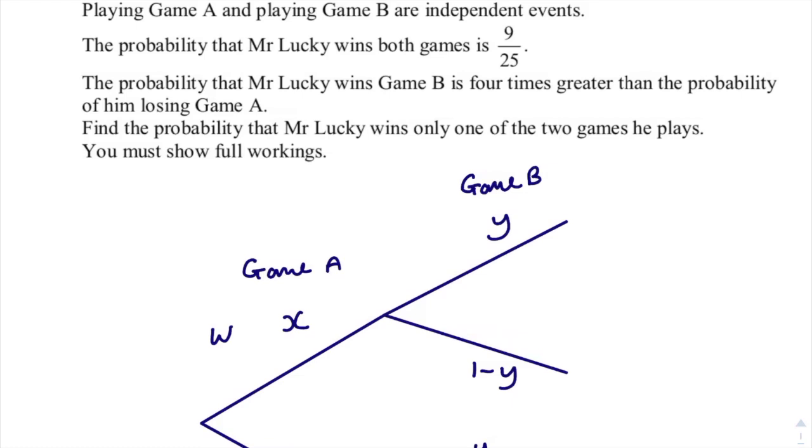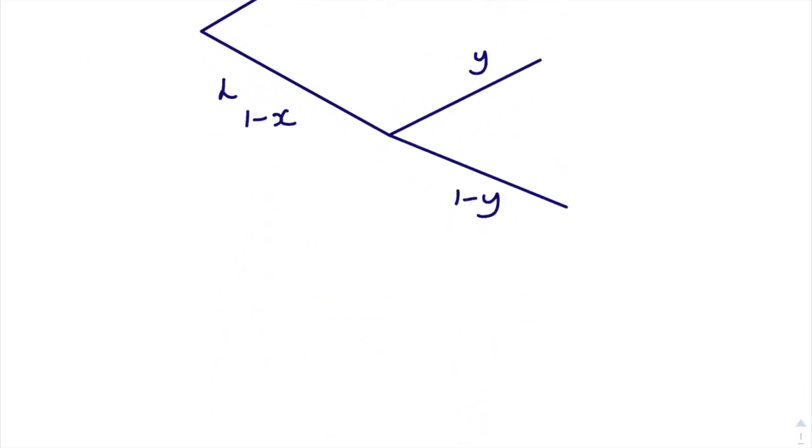So we're told in the question that the probability that Mr. Lucky wins both games is 9/25. So that is saying X times Y equals 9/25. So that's the first thing we can write down.